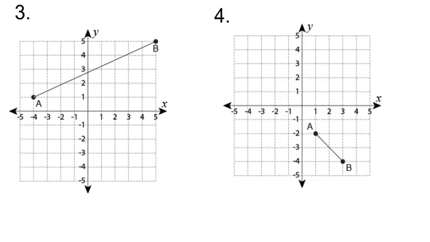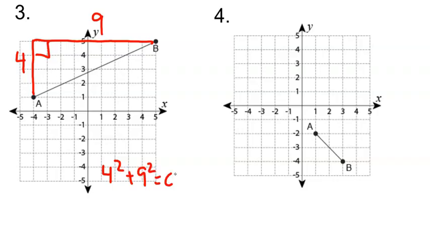Let's try 2 more. Draw a 90-degree right triangle. Determine your horizontal and vertical lengths and put them in the Pythagorean theorem. 4 squared plus 9 squared equals c squared.